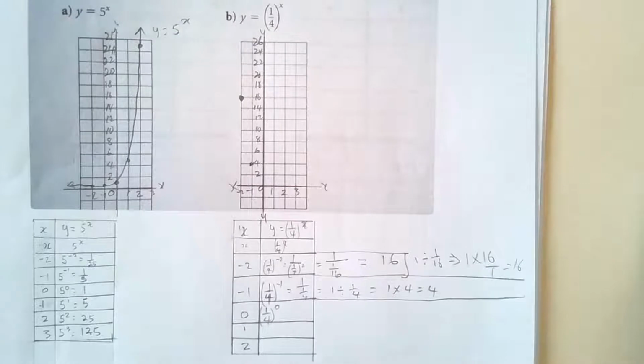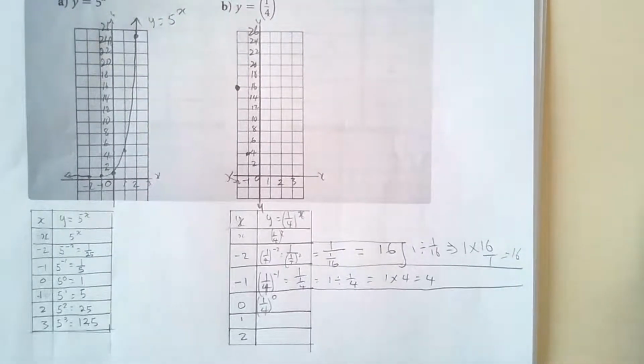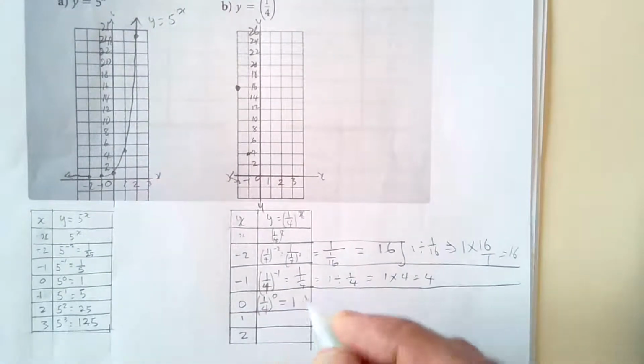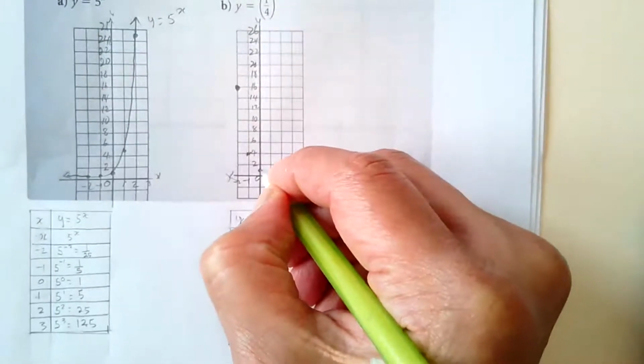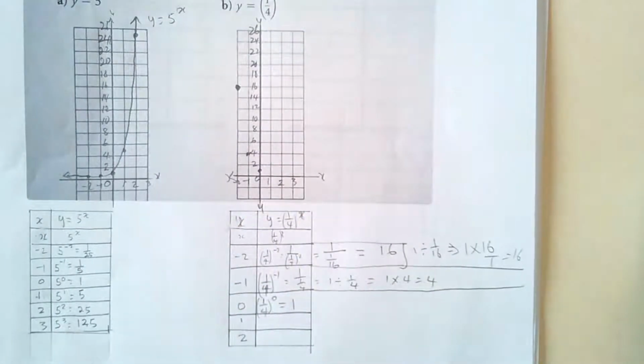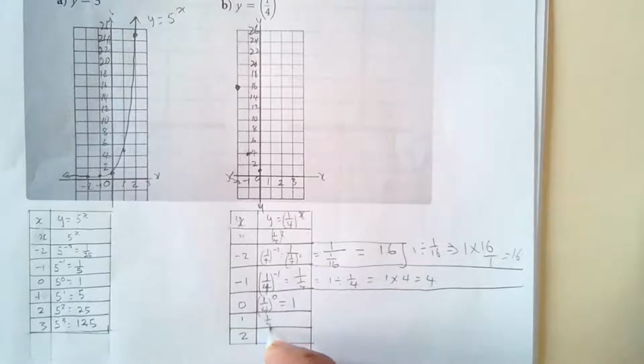To the power 0, which is 1. A quarter to the power 1 is a quarter.